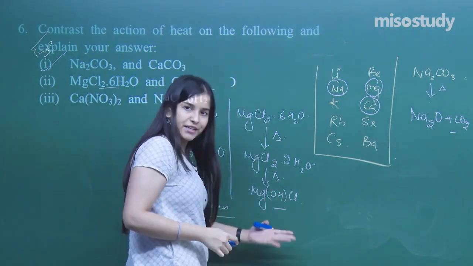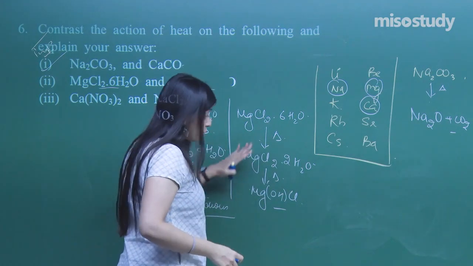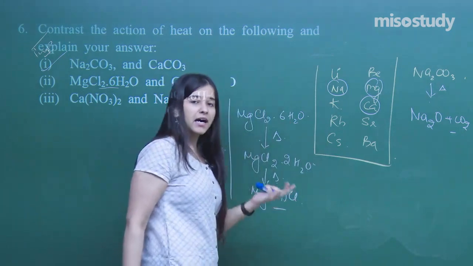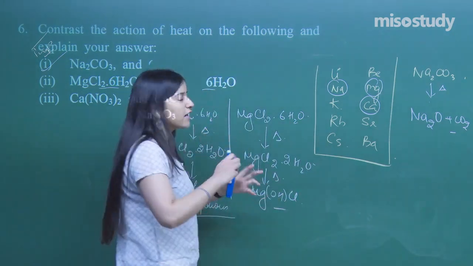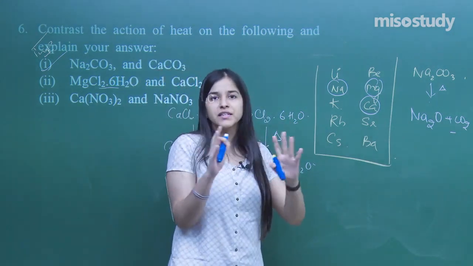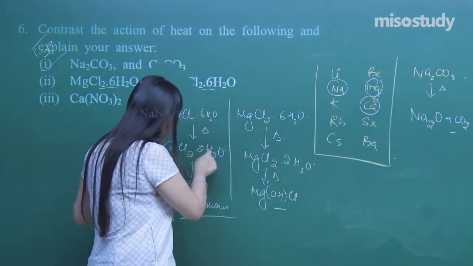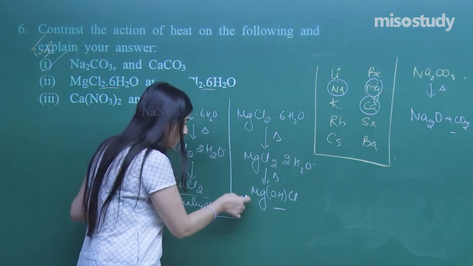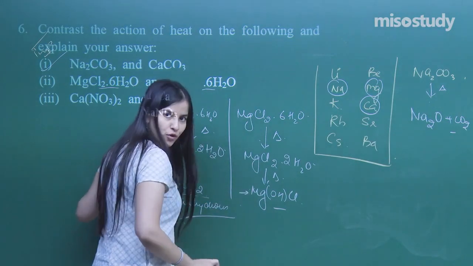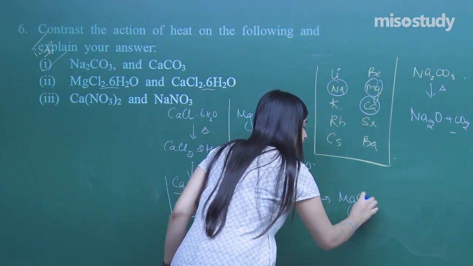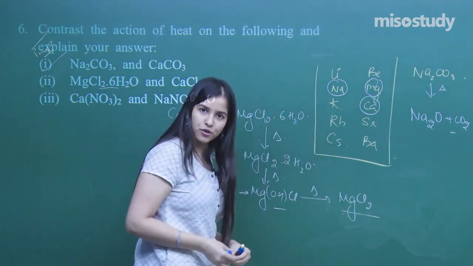It is a kind of an intermediate which is formed in between. You may not find this particular reaction in your books, but yes, again, as the question says, we have to strike out some of the differences between the two, so we are doing that. So, not just straight away going into the anhydrous state, there is kind of an intermediate which is formed here, and yes, after further heating, it tends to get converted into anhydrous magnesium chloride. Clear?